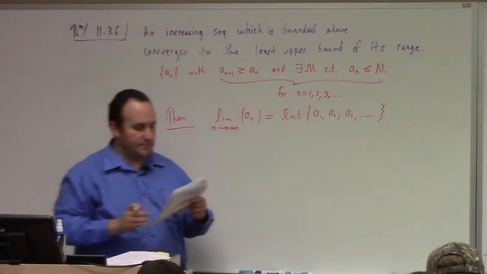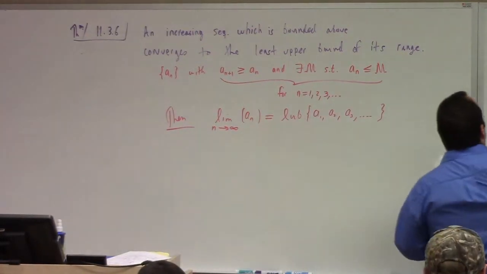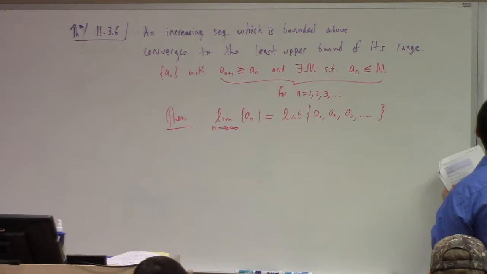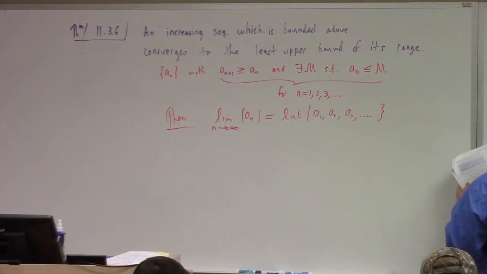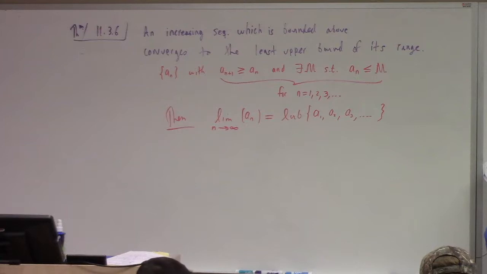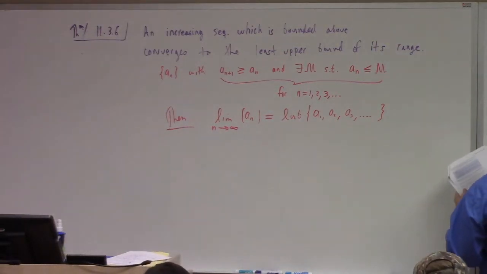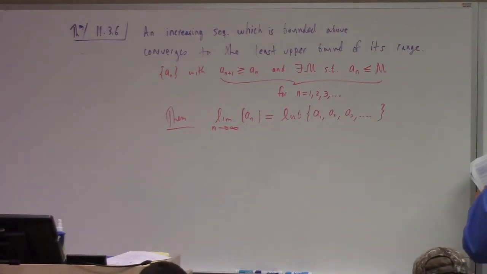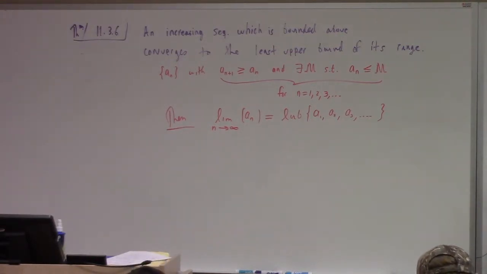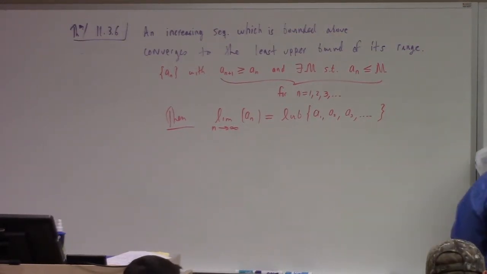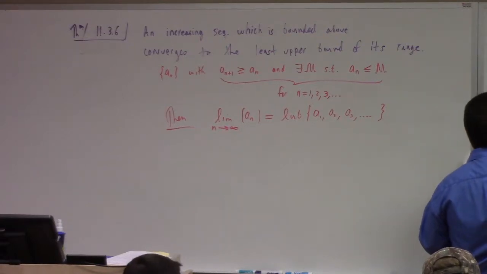The other part of the theorem is the same thing for decreasing. If you have a sub n plus 1 less than or equal to a sub n for all n in the natural numbers, and if you have that a sub n is less than or equal to m for some real number m, and all n in the natural numbers. So in other words, we have a decreasing sequence which is bounded below, backward, sorry, I got that wrong.